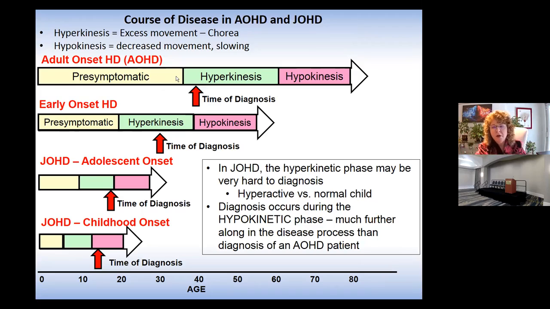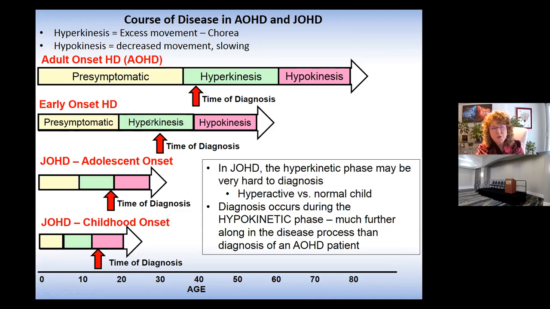The yellow bar is what we call pre-symptomatic, where you carry the gene, but you have no symptoms. And then the green is usually the earliest, hyperkinesis. And for AOHD, the time of diagnosis is usually right when hyperkinesis starts. But for AOHD, hypokinesis, the bradykinesia, those kind of things, that happens for most patients, and it's usually towards the end of the disease.